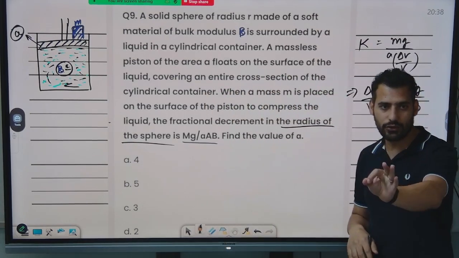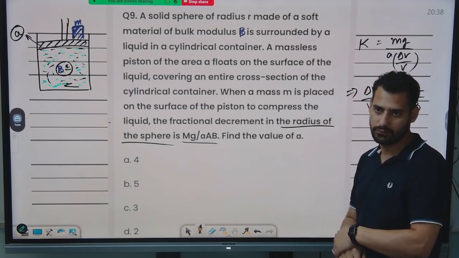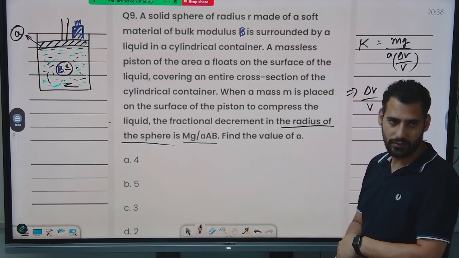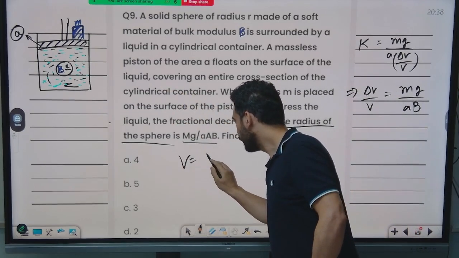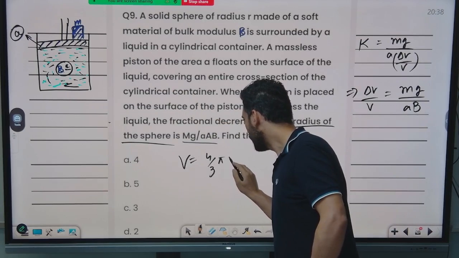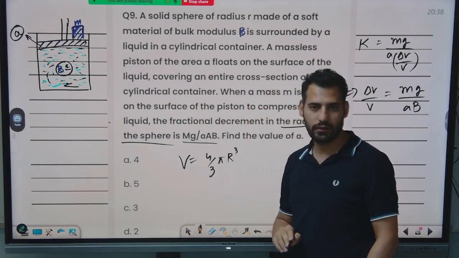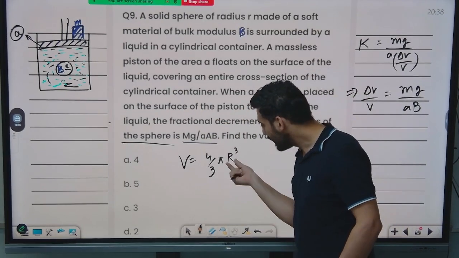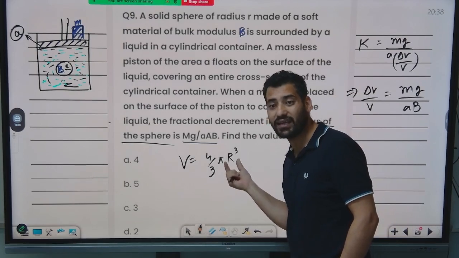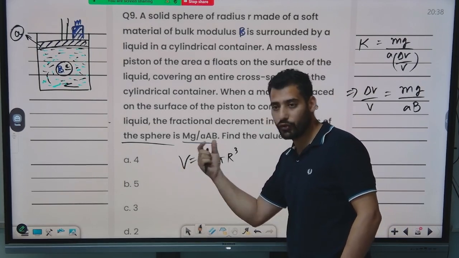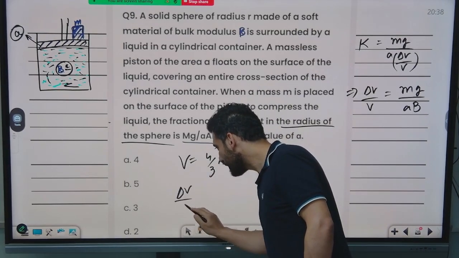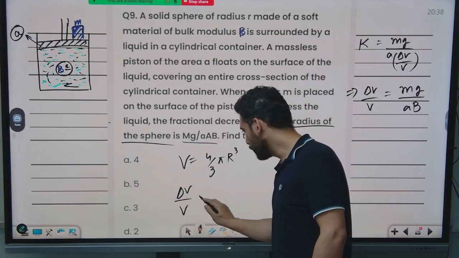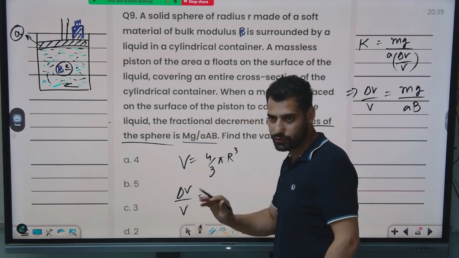In Class 11th, I taught you errors. Have I? What is the volume of this sphere actually? 4 by 3 pi r cube, isn't it? Can you tell me, if there is some change in radius or error in radius, what will be the error in volume? I told you, it is the fractional change in volume, delta V by V. Now 4 is constant, 3 is constant, pi is constant, so there will be no change.